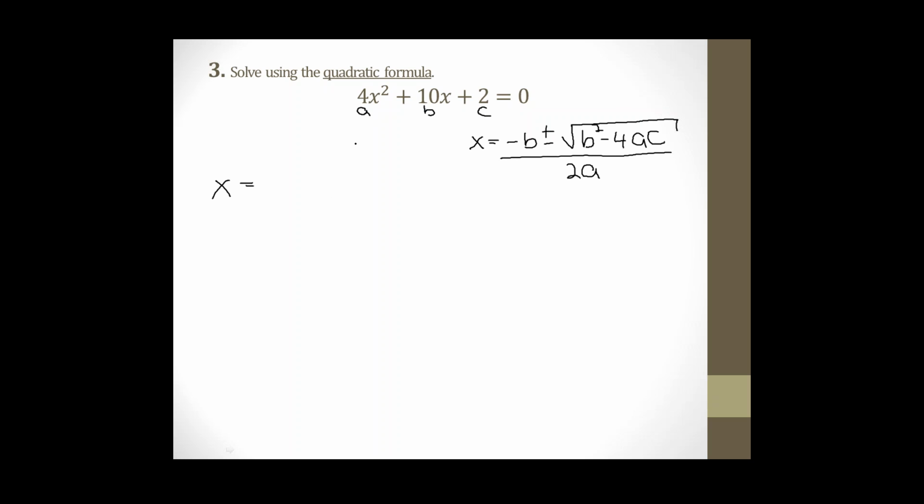X equals, I have a negative b, so negative is from the formula and my b is 10, then plus minus b squared, so 10 squared minus 4 times my a, which is 4, and times c, which is 2. All this is over 2a, so 2, and my a is 4.